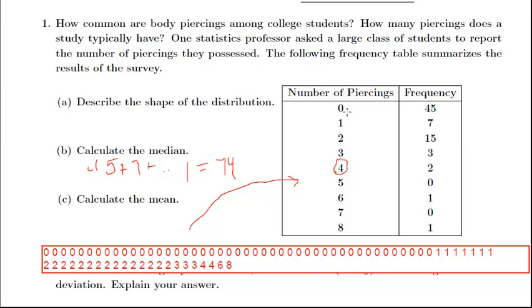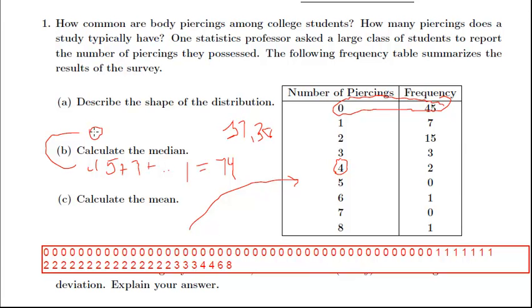I know the median observation is going to be the average of observation 37 and 38, and so I just need to figure out where that lies in this frequency table. Well, I know the first 45 observations are going to be 0. And so that 37th and 38th observation is going to be right here. And so the median, the answer to B, is going to be 0.